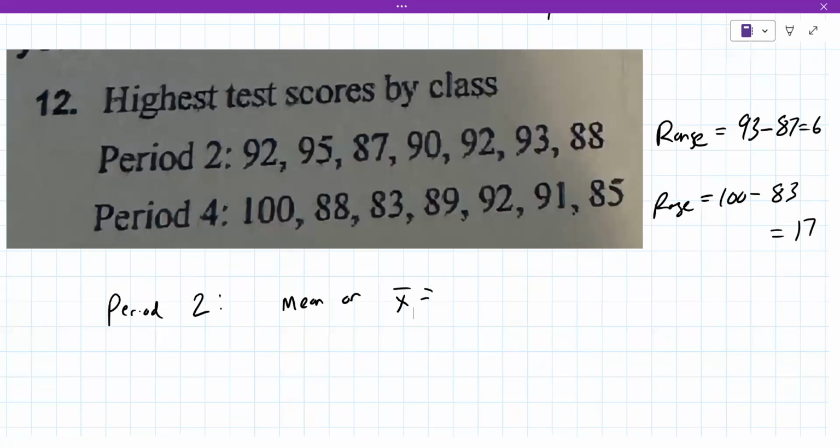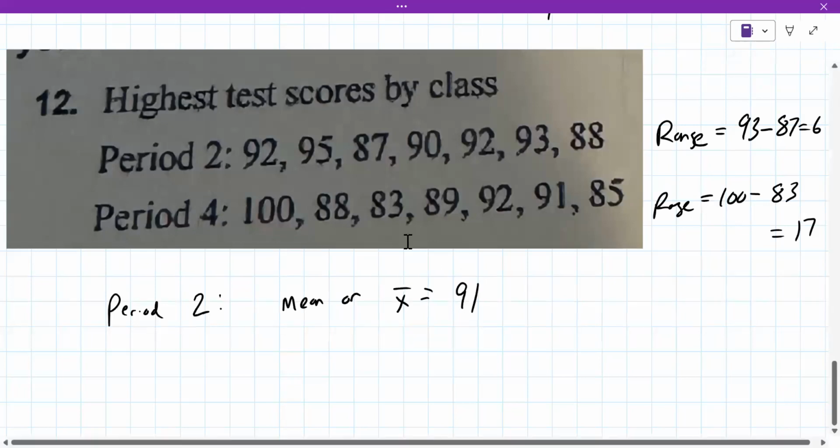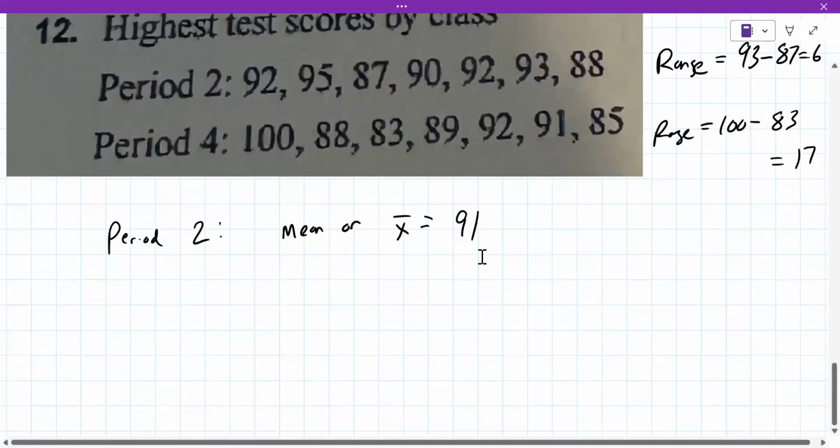The mean is 91. Yep, very good. So let's just do period 2 for the moment here.